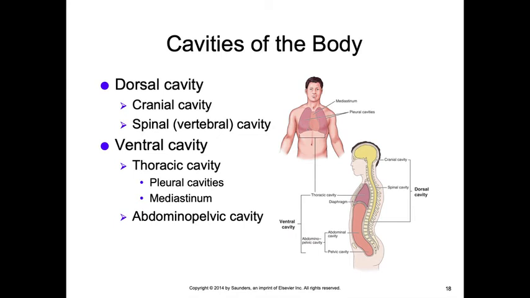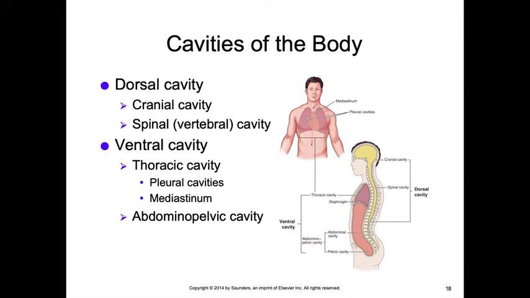You can see the cavities here. All of the cavities shown in the dorsal and ventral cavity are closed to the outside world, and as a result, they have membranes that are designed primarily for lubrication and protection.